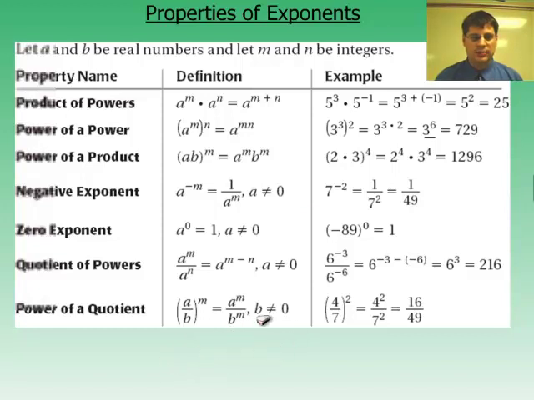The next one is a power of a product. So here we're going to be multiplying two numbers together, and then applying an exponent to both of those. And this is kind of a deceptive one. It looks like you're using the distributive property, but please write this down somewhere.